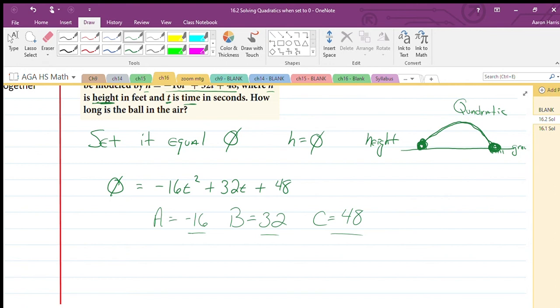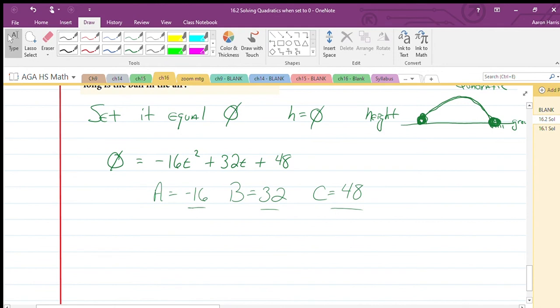Now, does 16 go into 32? Yes, it does. Does 16 go into 48? Yes, it does. So now, I like when A is a positive one. How about we factor out a negative 16 in all of this? Okay, so that means I'm going to put my GCF, which is equal to what? Negative 16. I could take a negative 16 out of each one of these numbers.